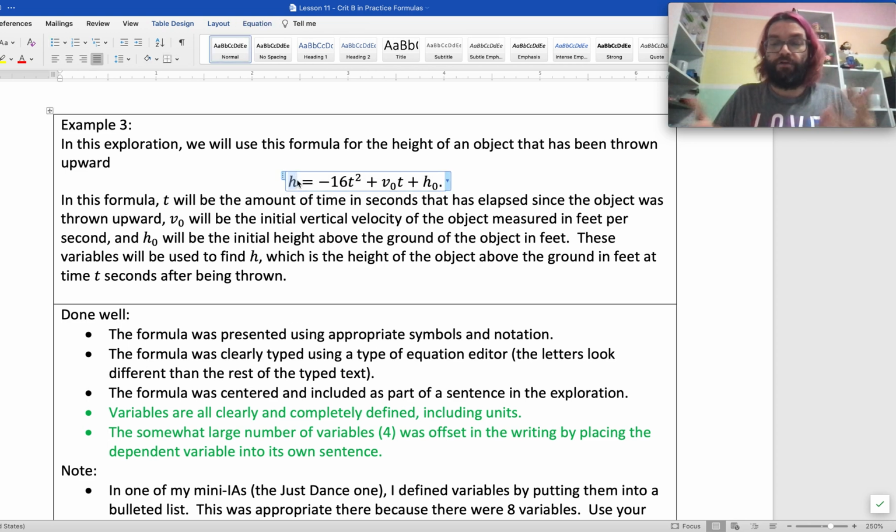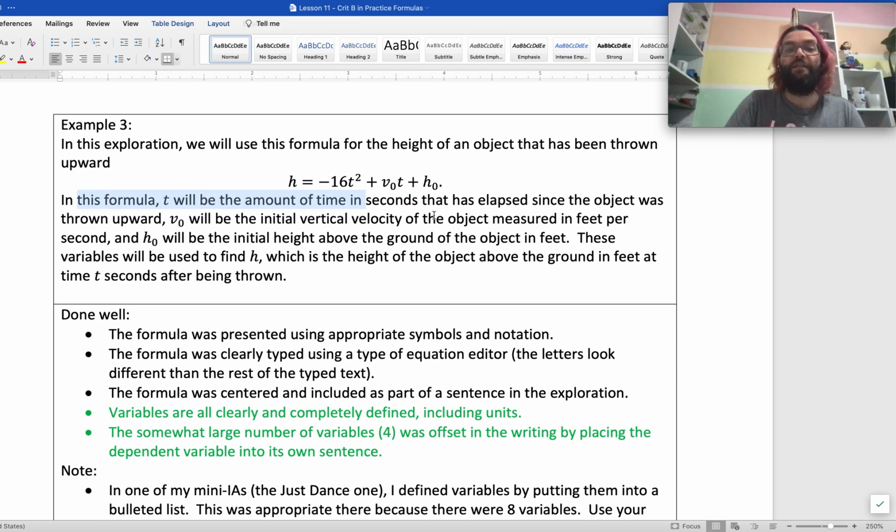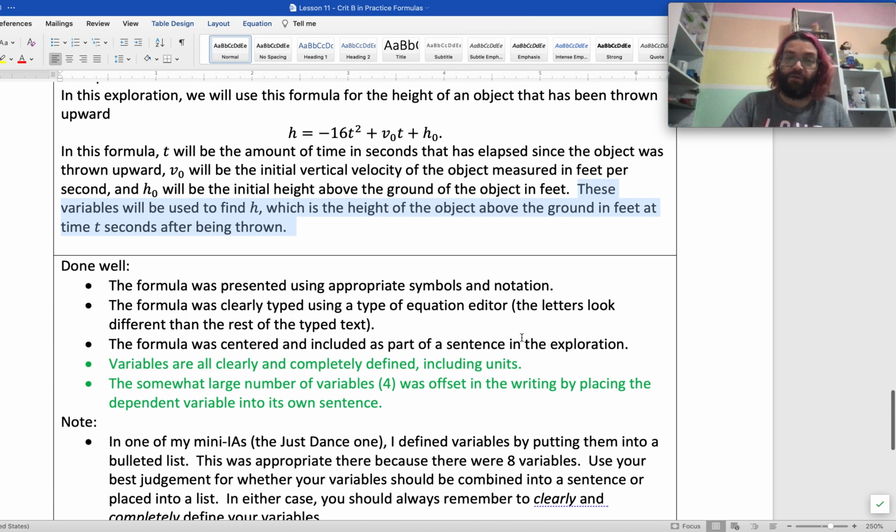H is kind of our dependent variable. That's the thing that we're going to be looking at. So I put all of the independent variables and parameters here, and then explained what the left-hand side, what the dependent variable is, in a separate sentence. I didn't really see any weaknesses for this one because I tried to write it really well.